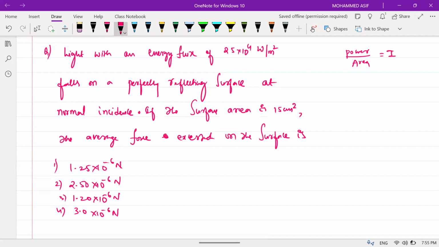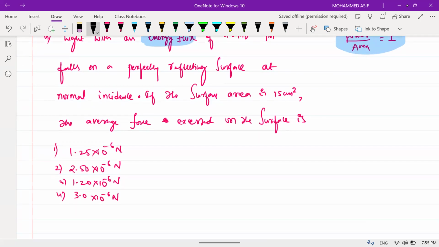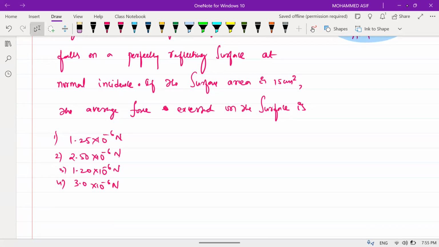Now read the question carefully. Light with an energy flux. What do you mean by energy flux? Energy flux is power by area, that is nothing but intensity. It falls on a perfectly reflecting surface at normal incidence. If the surface area is 15 centimeters square, what is the average force?